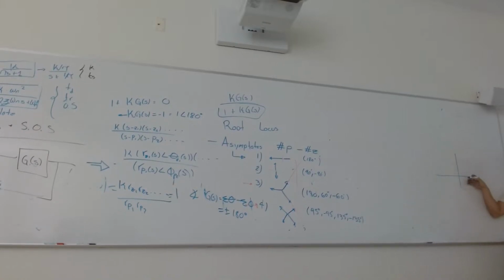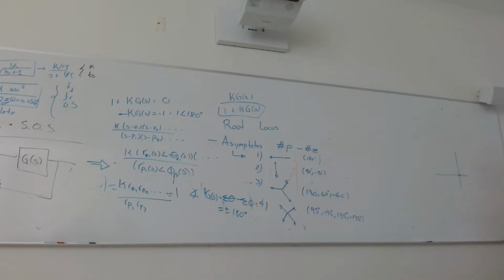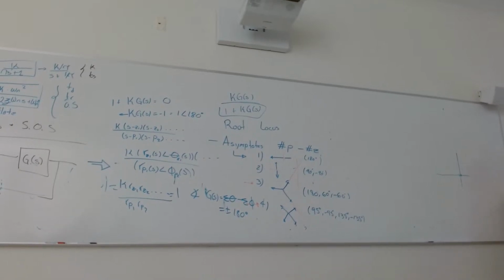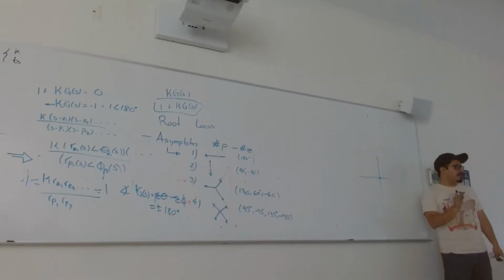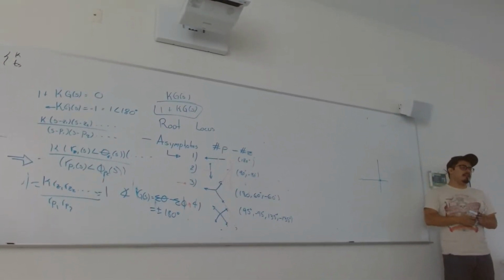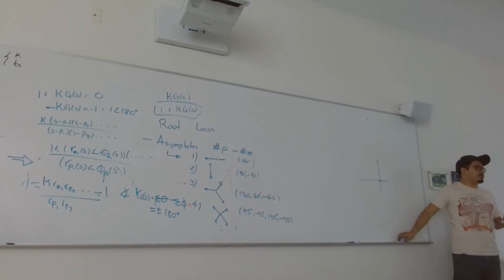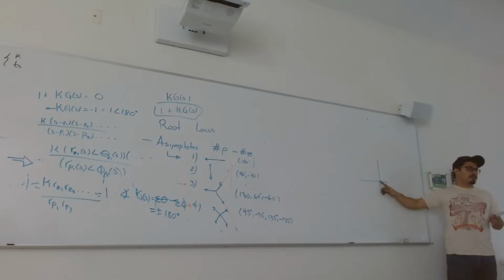To have a pole perfectly sitting at zero, I need active components. If I cannot have active components, I'm going to use a pole a tiny bit on the left, and then it will act like an integrator. Okay, but this is really troublesome.